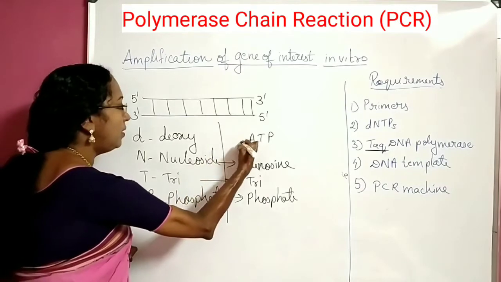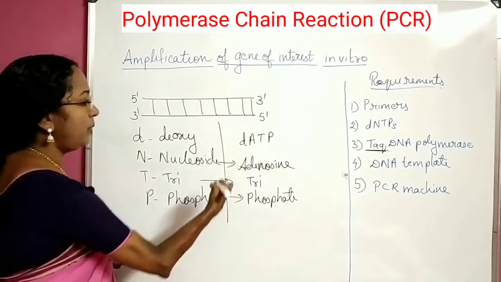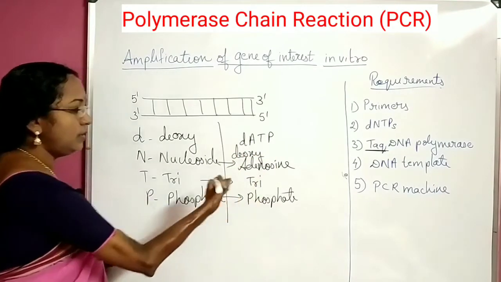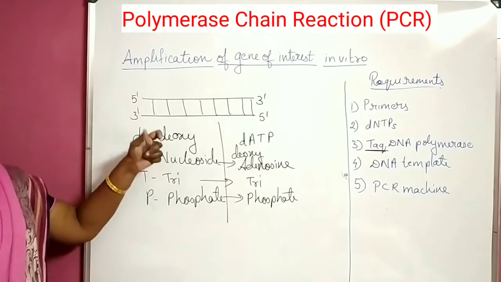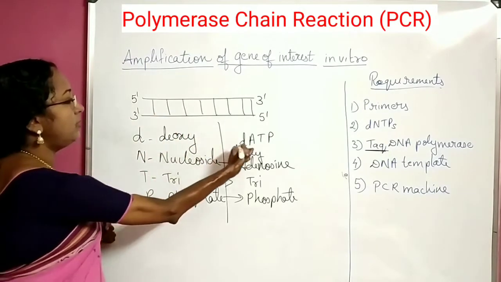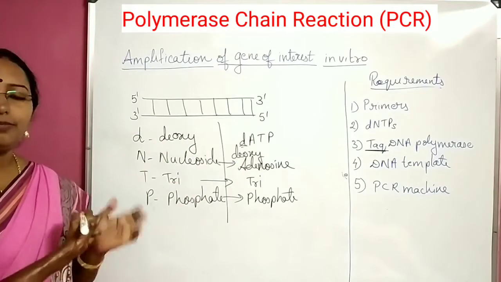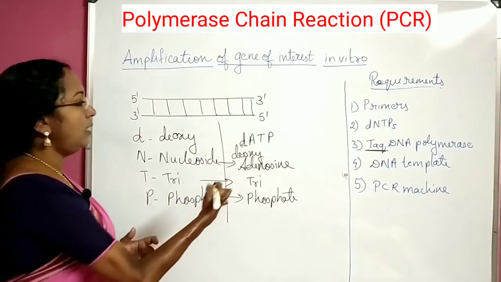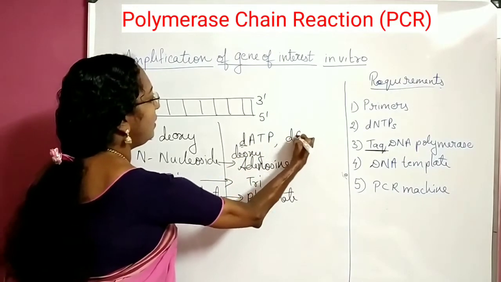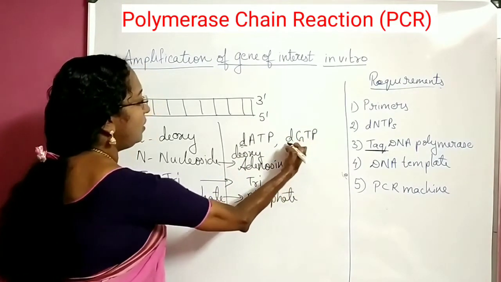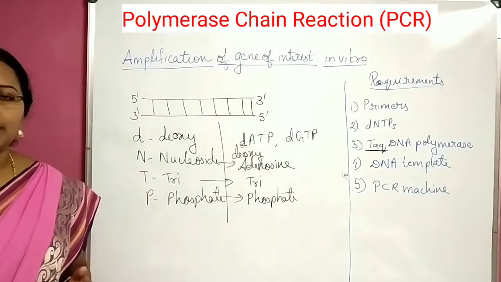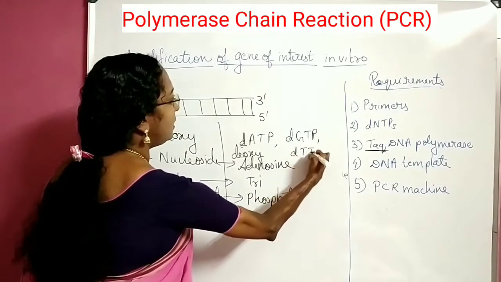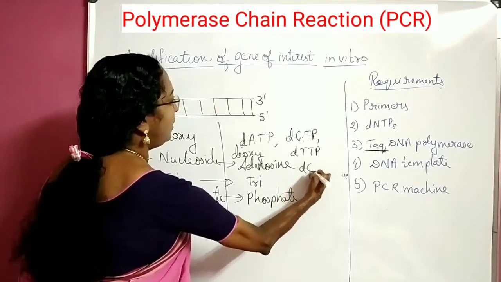Now if I put here dATP, it will become deoxyadenosine triphosphate. That means this is part of DNA. If I put here small letter d, it means it is part of DNA. If I don't put it, it is simply an ATP molecule. Okay. Similarly, I can have dGTP, deoxyguanosine triphosphate. Similarly, I can have dTTP and dCTP.